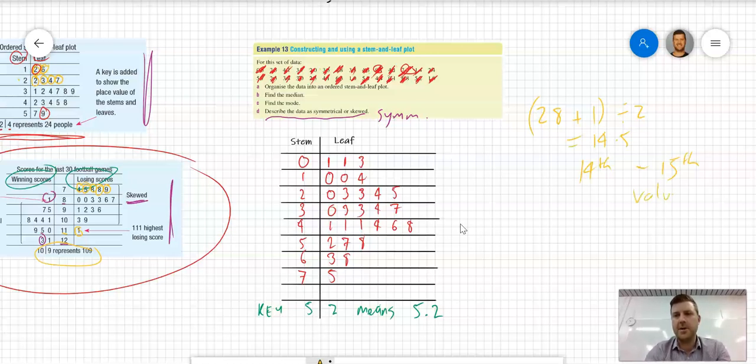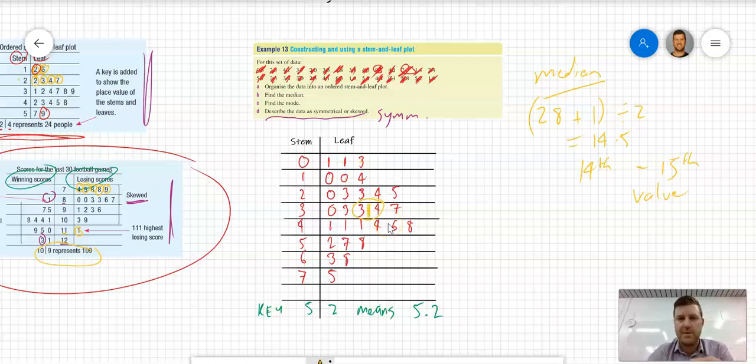Okay, that's a bit of a trick to work out the middle value. So let's count that. 1, 2, 3, 4, 5, 6, 7, 8, 9, 10, 11, 12, 13, 14 and 15. So here are my 14th and 15th values, and it's going to lie in the middle there.